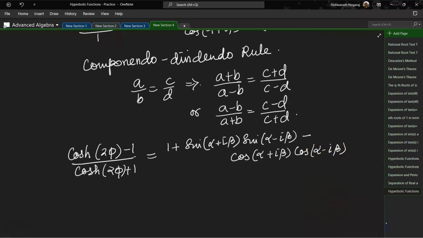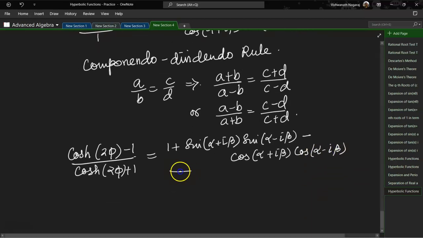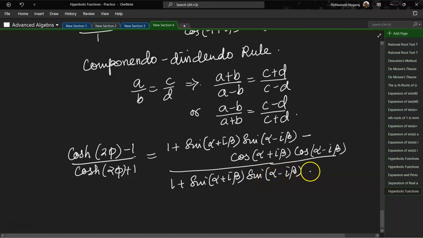Already you can notice that you will end up with an identity which you can apply here. Similarly, in the denominator, 1 plus sin(alpha + iβ) sin(alpha − iβ) plus cos(alpha + iβ) cos(alpha − iβ).